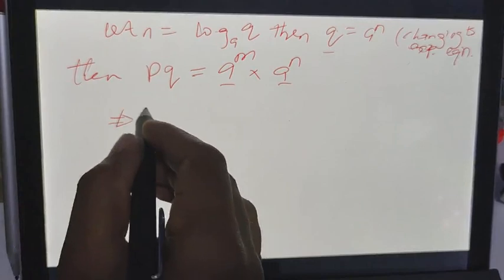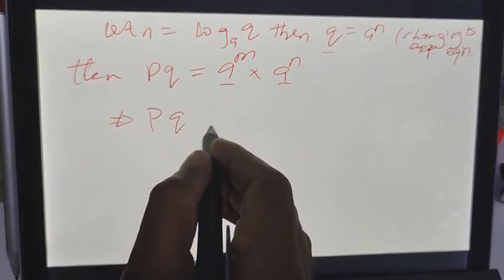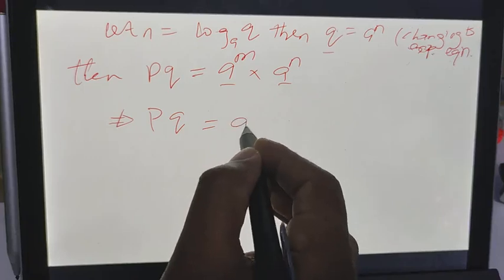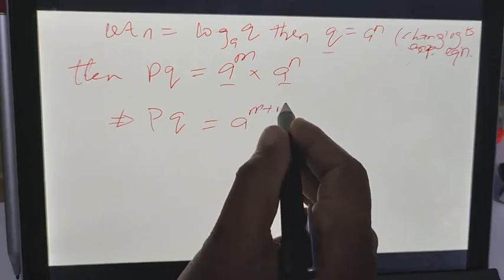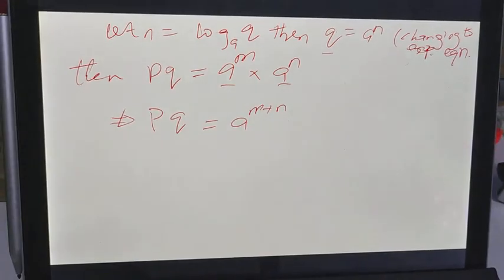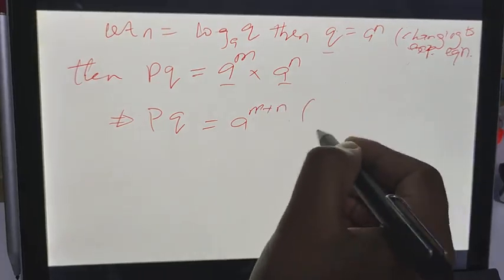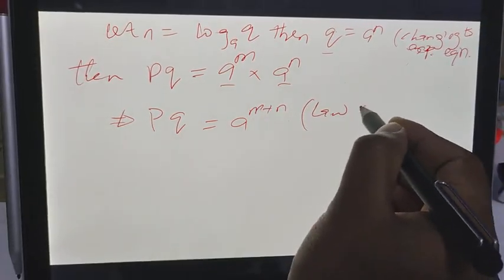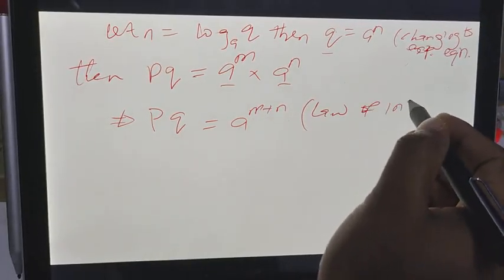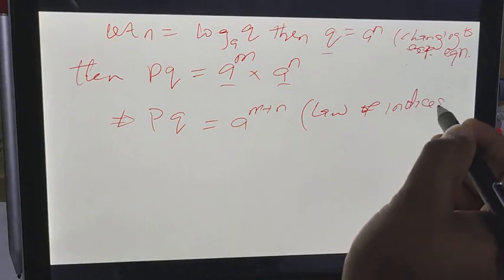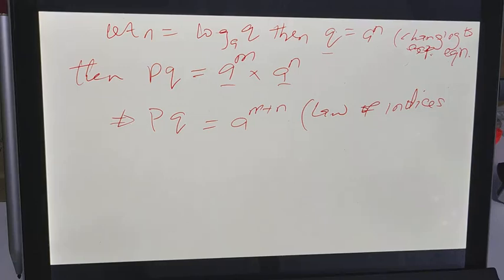Here we can say therefore pq is equal to a to the power m plus n. Reason: law of indices, that is the same base, you add powers.